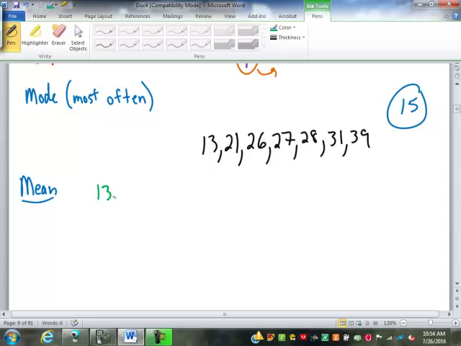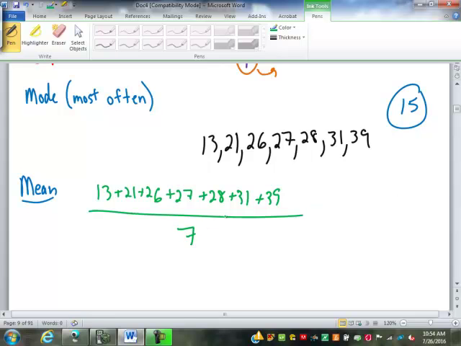So I'm going to add them up. 21 plus 26 plus 27 plus 28 plus 31 plus 39. Divided by how much? 7, right? There's 7 of them.